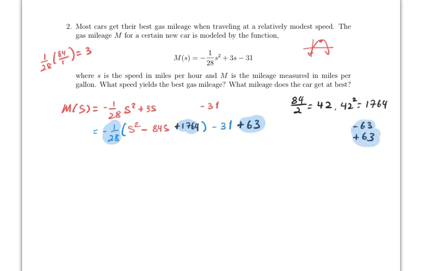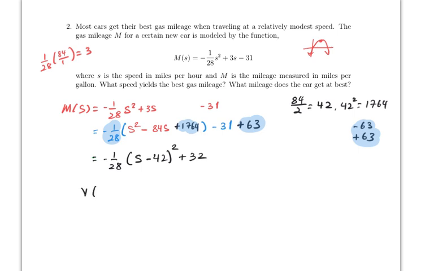Then from here, you can rewrite this in standard form. So it will be s minus 42 squared, because that's the value you got when you divide by 2. And then how much is 63 minus 31? That gives you 32. So therefore, this is the answer.